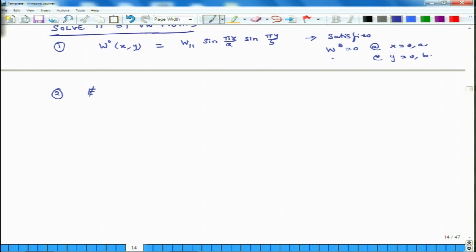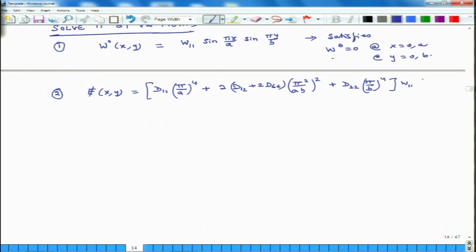So, the error is equal to D11 (pi over a)^4 plus 2 D12 plus 2 D66 (pi squared over ab)^2 plus D22 (pi over b)^4, this entire thing multiplied by W11 sin(pi x over a) sin(pi y over b), minus q naught. That is the error.